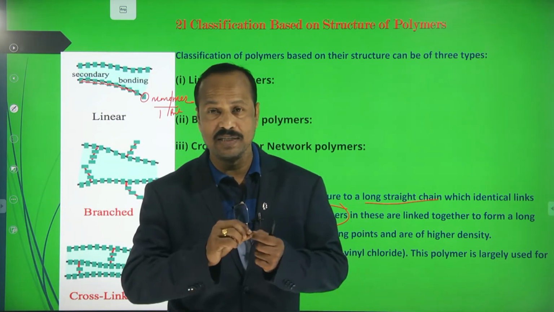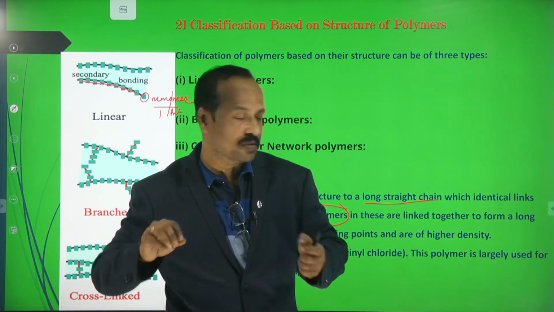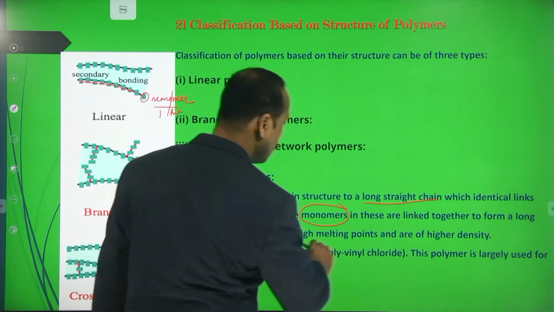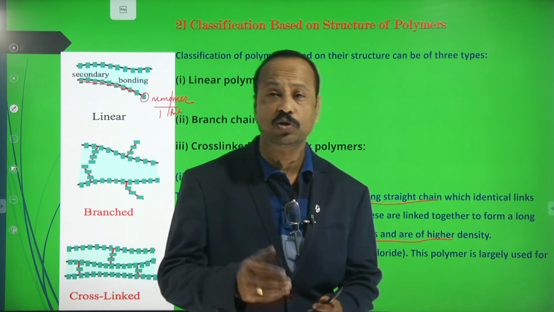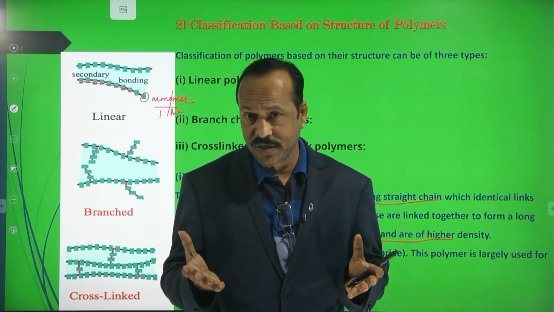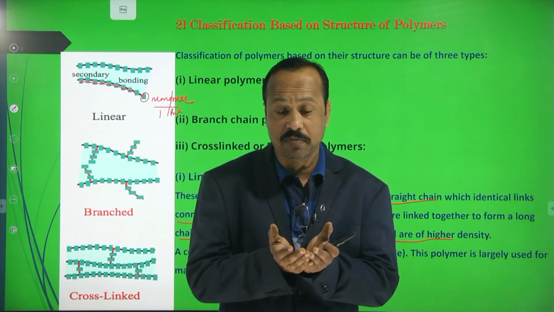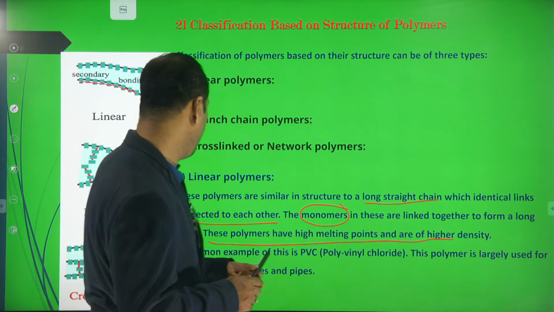So many single units join one by one and form a long chain. These polymers have a high melting point and higher density. To melt them requires more temperature. Density means mass by volume, as we already discussed. So the density of this one will be more.